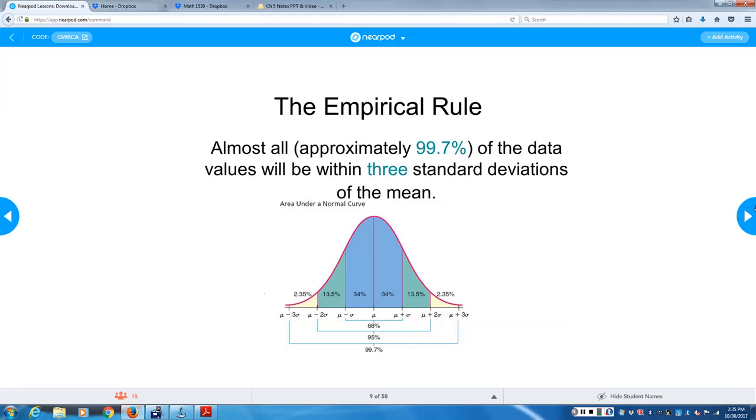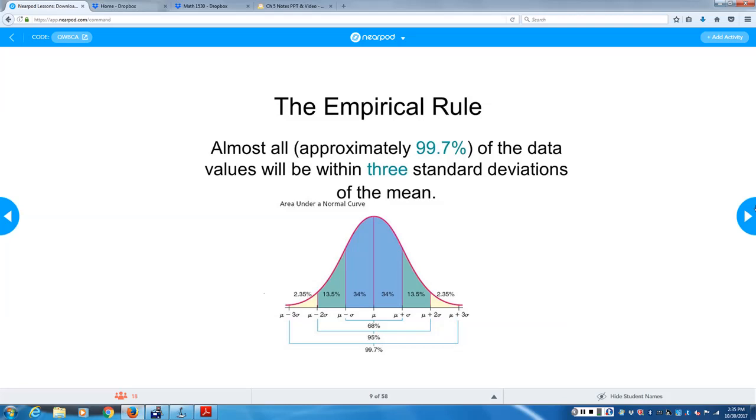Now it goes one step further. It says virtually all of the distribution will be within 3 standard deviations of the mean. So if you had a value that fell more than 3 standard deviations below your mean, that would be highly unlikely. The probability would be nearly 0.